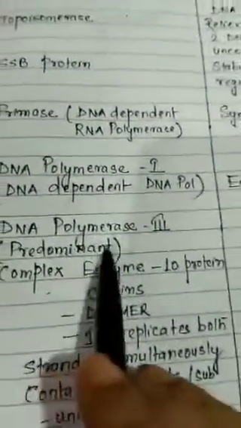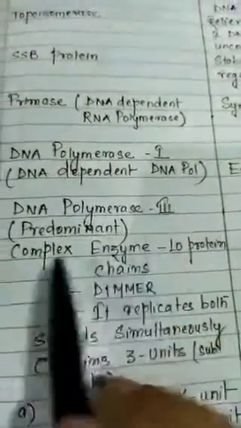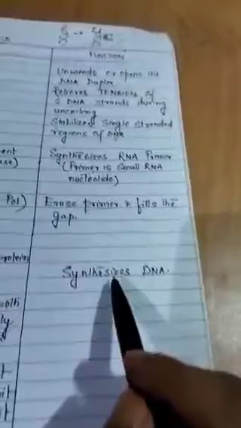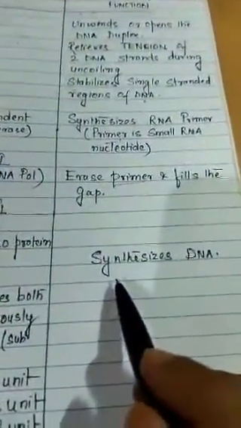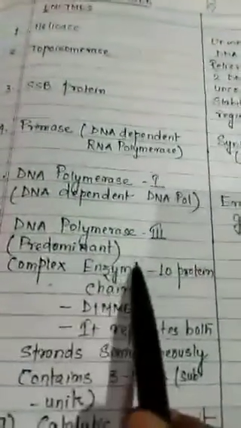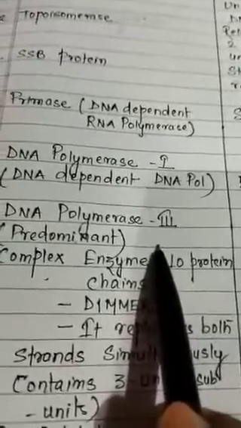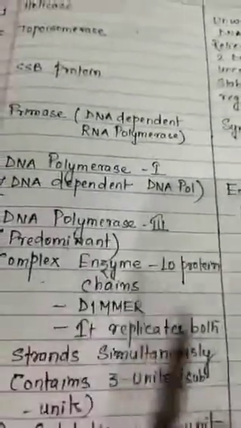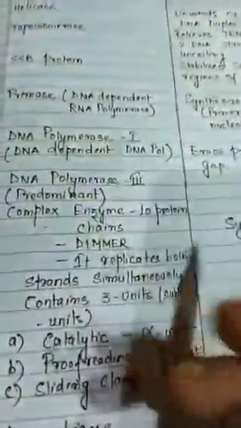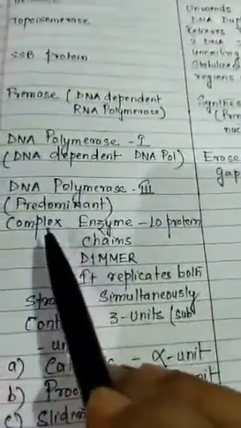Next we have DNA polymerase 3. DNA polymerase 3 is the most predominant enzyme because it is the same enzyme which synthesizes the entire DNA. So the replication process is aided by the DNA polymerase 3 enzyme. Since it is a complex structure, I'm just going to share some of its very basic structures.